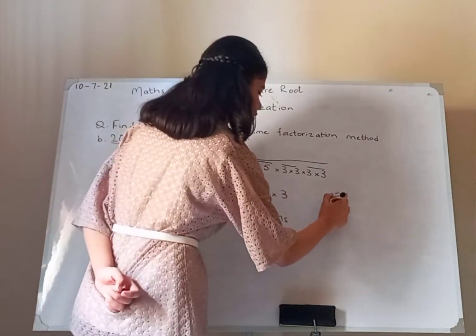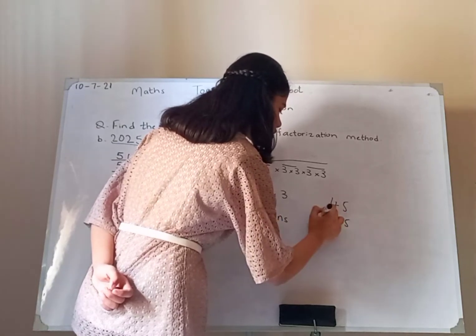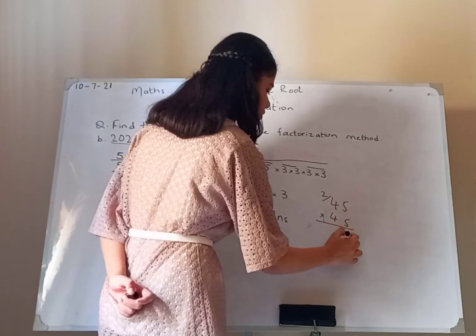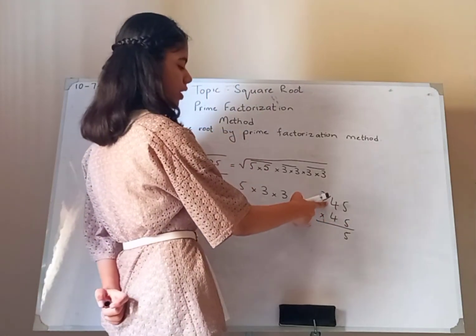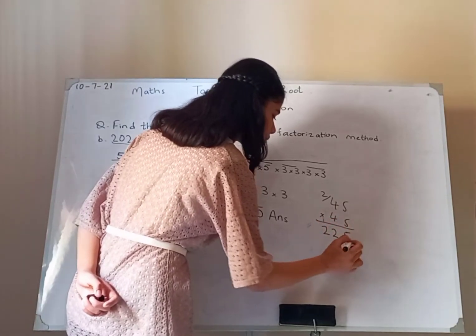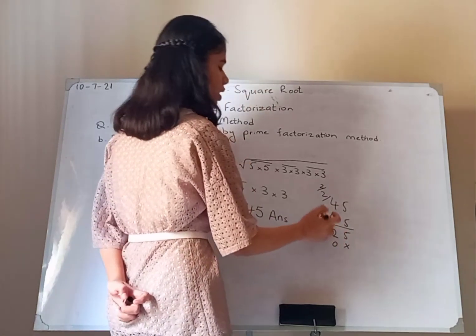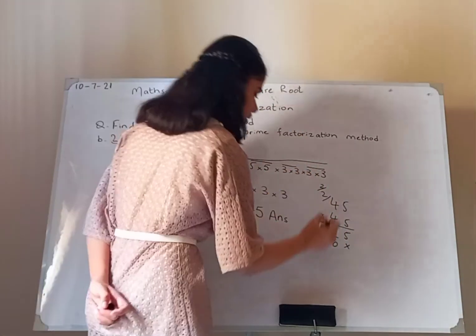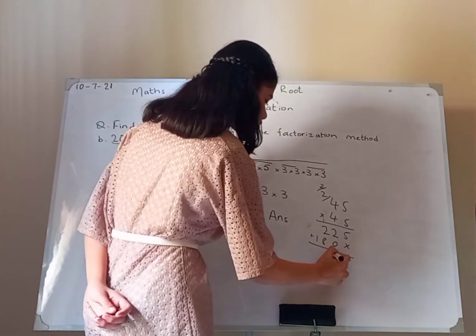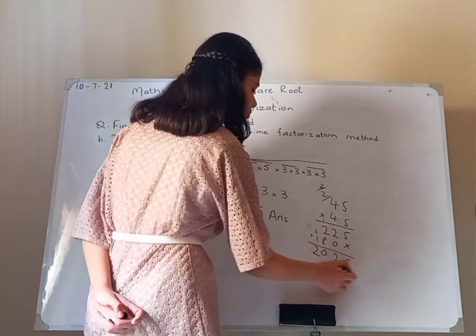So multiply 45 by its own table. 5 times 5 is 25, carry. 5 times 4 is 20, then add 2, so it's 22. 5 times 4 is 20, carry. 4 times 4 is 16 and 2 is 18. 5, 2, it's 10 and 2.